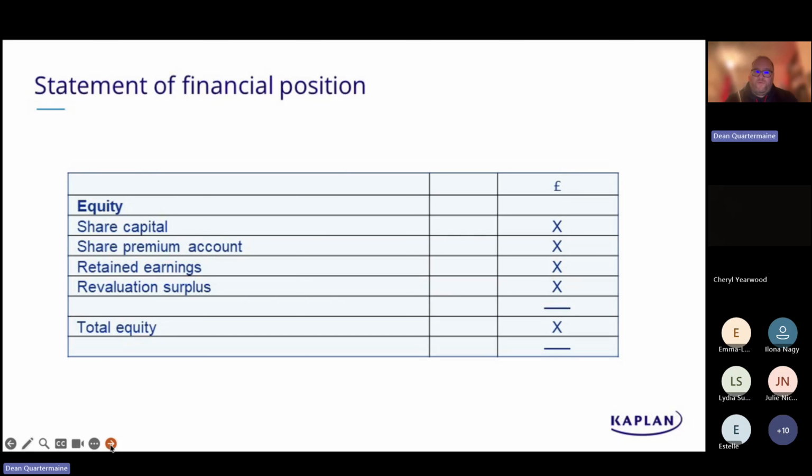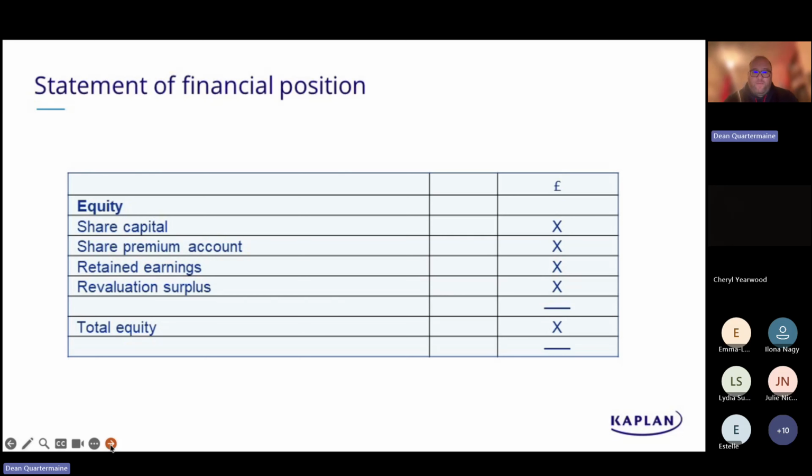We'll talk about it in future weeks, but you can have things like dividends. Dividends are a reduction or distribution of retained earnings. And then revaluation surpluses. You can revalue certain assets, and that potentially creates a revaluation surplus. That forms part of your equity within the business.